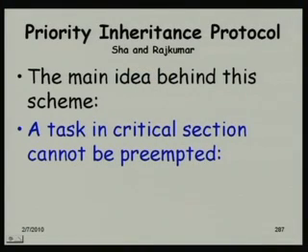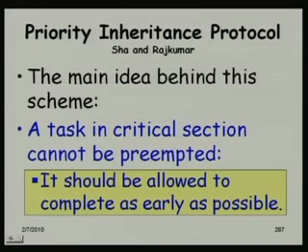They said that, see, a low priority task of course cannot be preempted once it has acquired a resource, but the only thing that can be done is to allow it to complete as early as possible, because a simple priority inversion is not a problem.